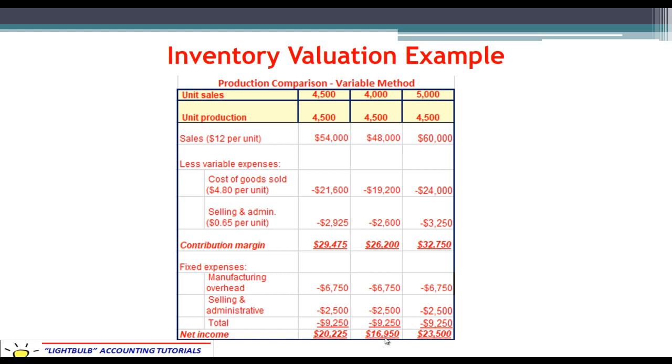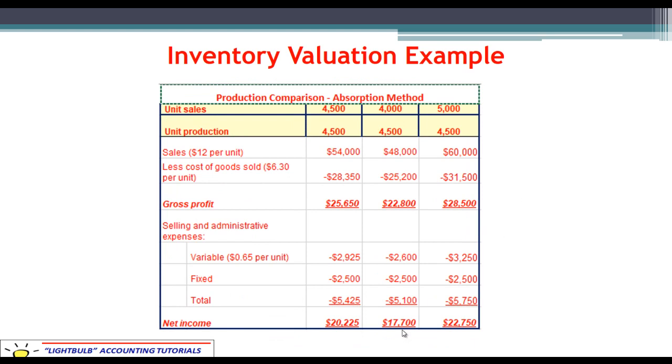Notice we have quite a bit less net income in the situation where we sold fewer units than we produced. Now, let's take a look at this for a second. 16,950. This is the variable method. Let's jump back. Under the last method, our net income was higher under that same scenario, 17,700.